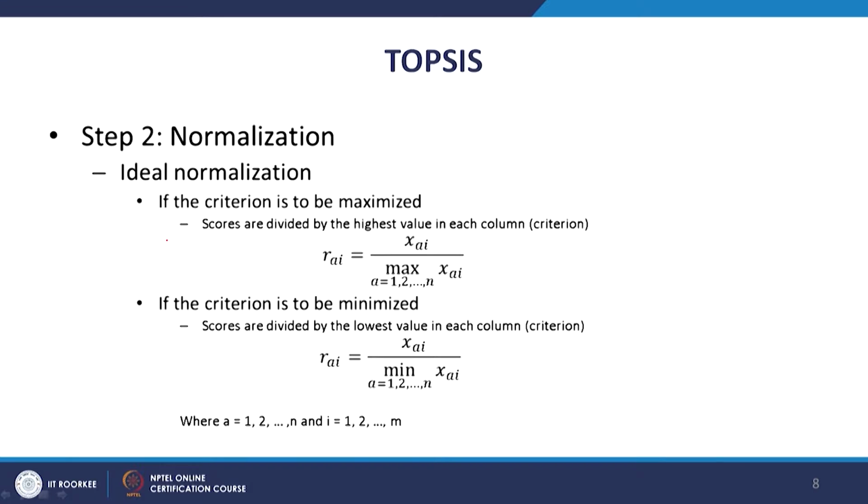This is referred to as ideal normalization, and again there are two scenarios within it. We have talked about in previous techniques that there is typically a preference direction for a particular criterion: whether the criterion is to be maximized or minimized.